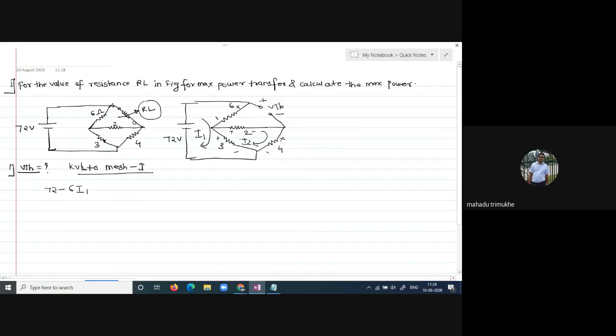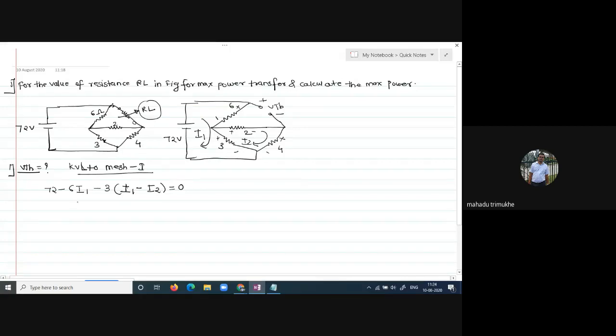Then this is your 3 ohm resistor, current from positive to negative, that is 3. But this 3 is common between I1 and I2. Both currents are in the clockwise direction, meaning that is the minus sign. I1 minus I2 is equal to 0. This is your KVL mesh 1.